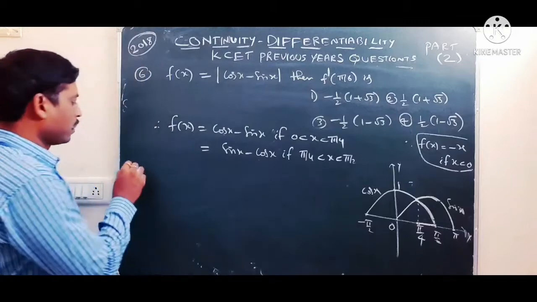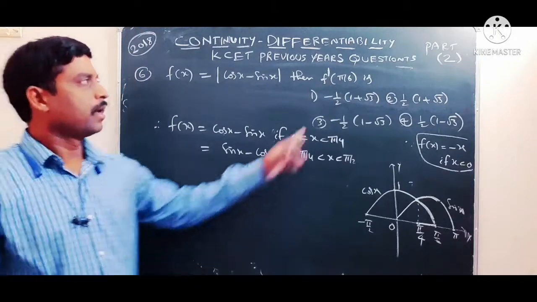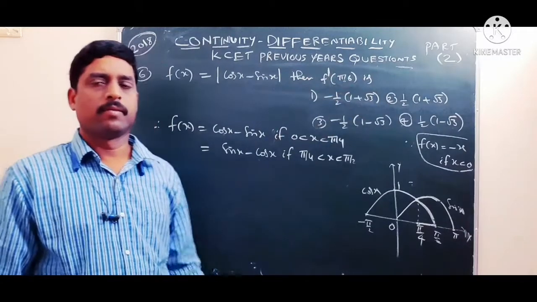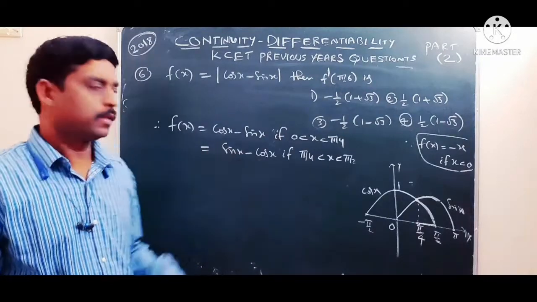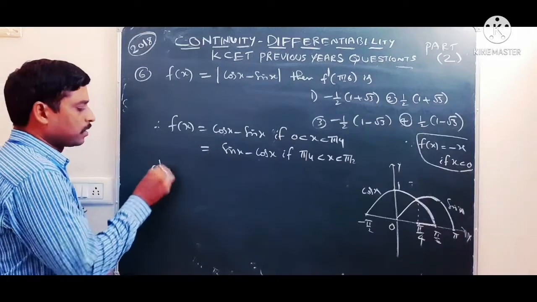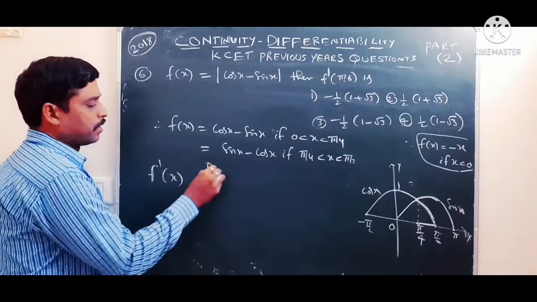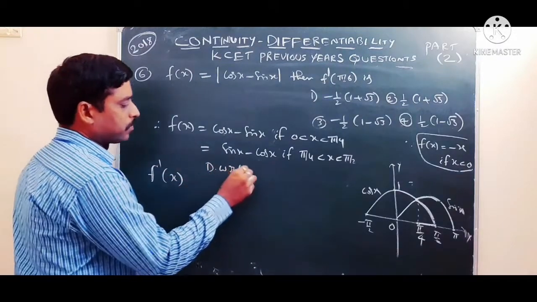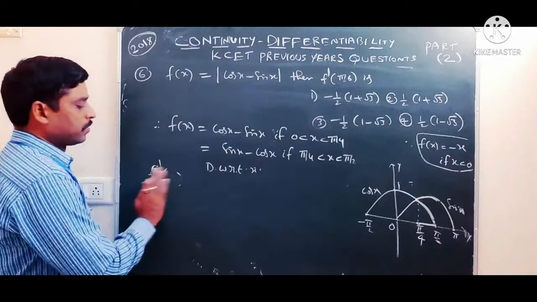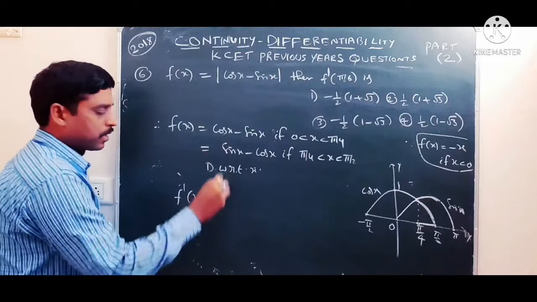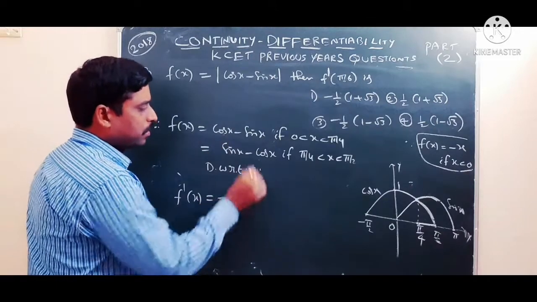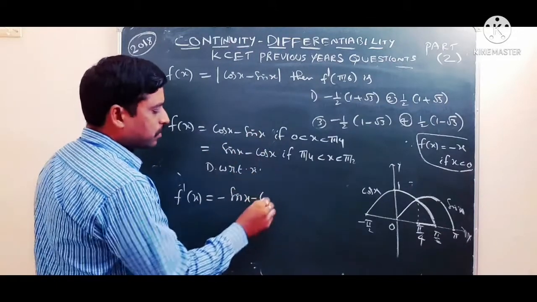So what is our target? F dash pi by 6. First, we have to apply derivative on both sides. Therefore, f dash x is equal to the derivative of cos x minus sin x.